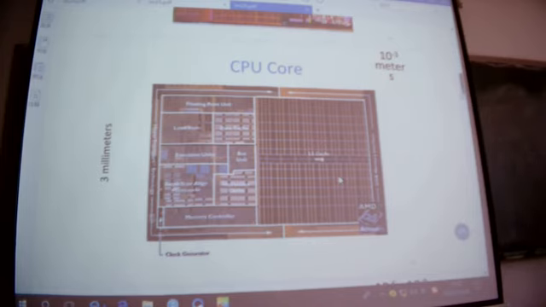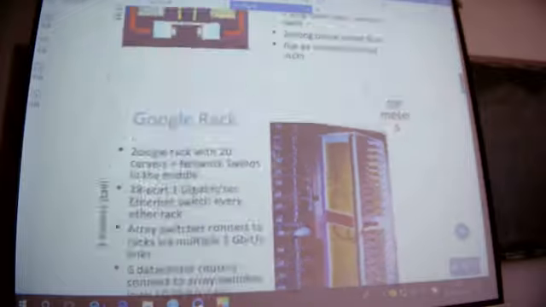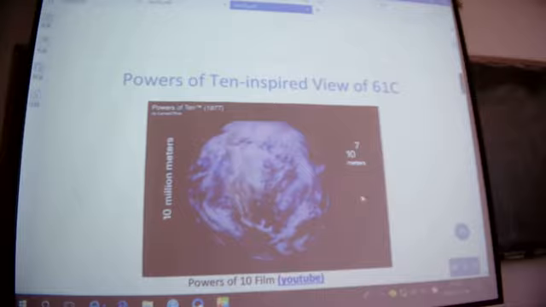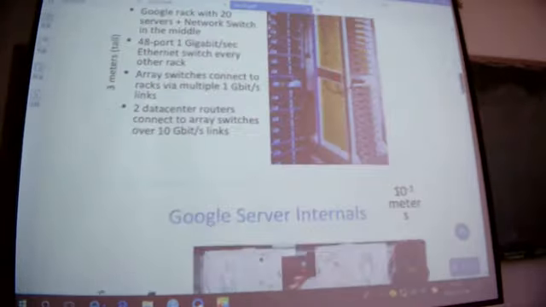So we can find this is a transistor. You can find this image goes from big to small. Above, the image is the whole chip, and it becomes smaller and smaller.